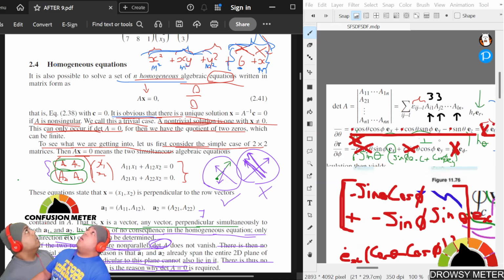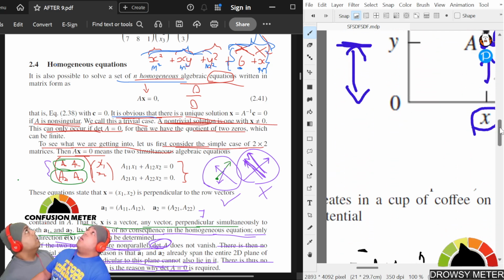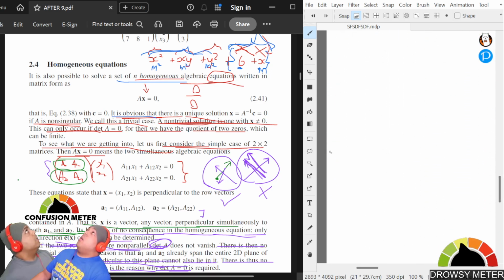I need to write this down because it's a little confusing. A non-singular, no inverse. What does that mean?